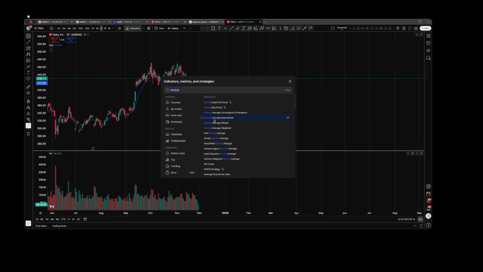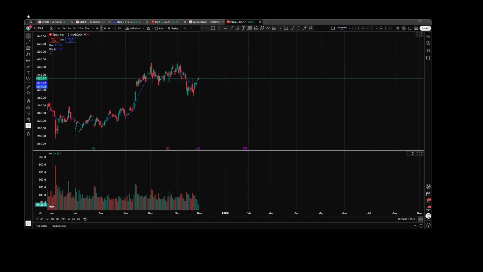If you click once, it will add one, and you can see here that the indicator got added. And if you click again, it will add one more indicator with the same settings.